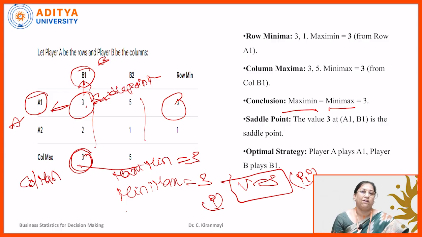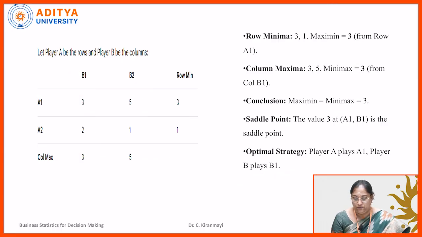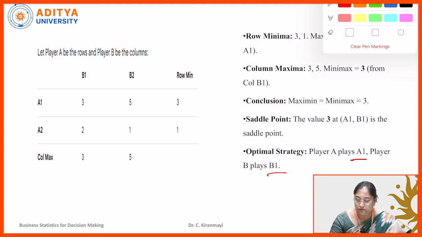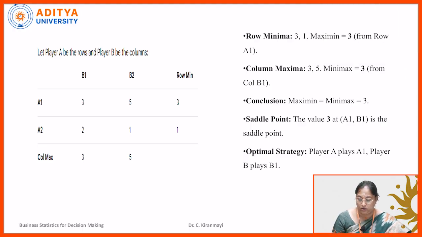See, exactly we have determined which plan of action, which strategy is optimal strategy for player A and player B. Therefore, we can say that here the players are using pure strategies, or in other words, whenever we have a saddle point for a game, it means that the players are using pure strategies. So, value of game is 3 and the optimal strategy for player A is A1 and for player B is B1. Okay, so this is how we can find out whether there is saddle point or not.